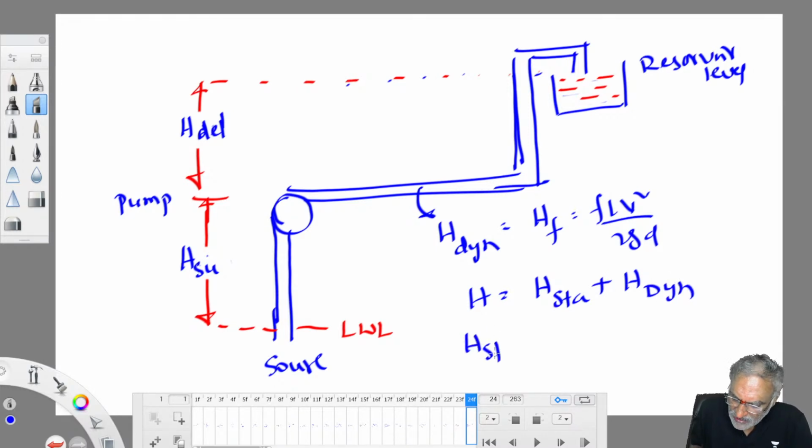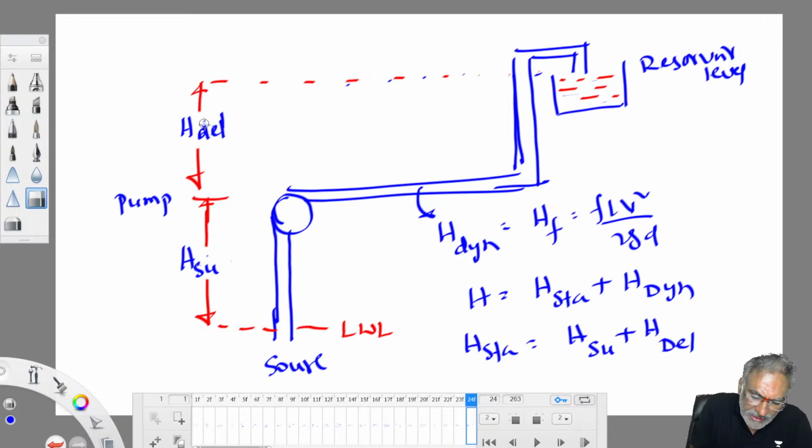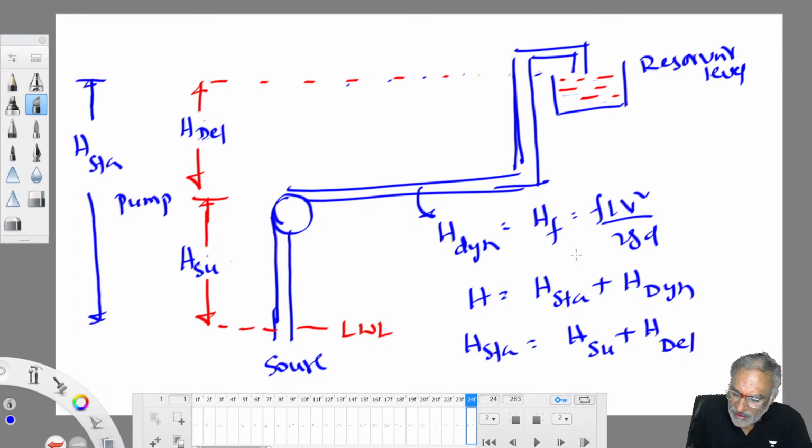H static is equal to H suction plus H delivery. Delivery head plus suction head is equal to static head. This is head dynamic, dynamic head. So static head plus dynamic head is equal to the total head against which the pump has to work. So that's how we need to calculate.